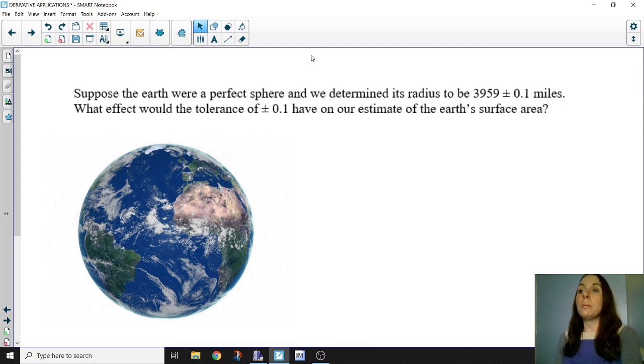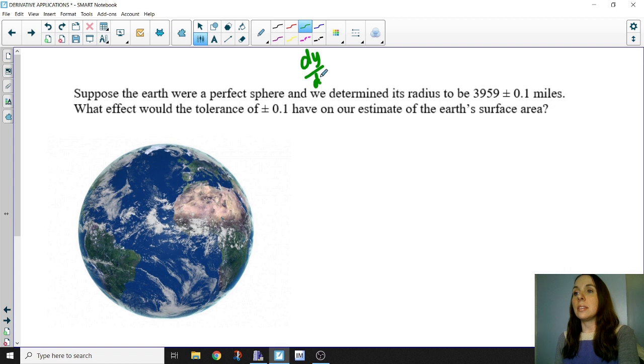So when we write a derivative as dy over dx, this is saying the change of the y with respect to the change of the x. Now keep in mind that this is a limit as the change in the x is very small or goes to 0. And so that's why differentials is a way to approximate the change. It does not actually calculate true change.